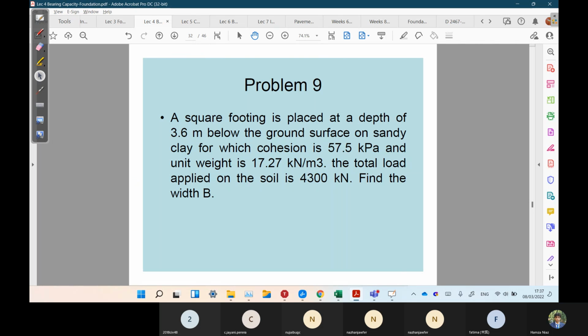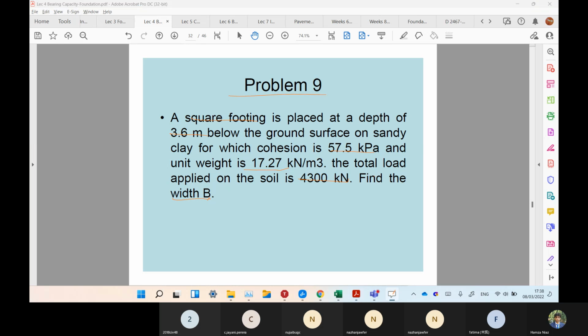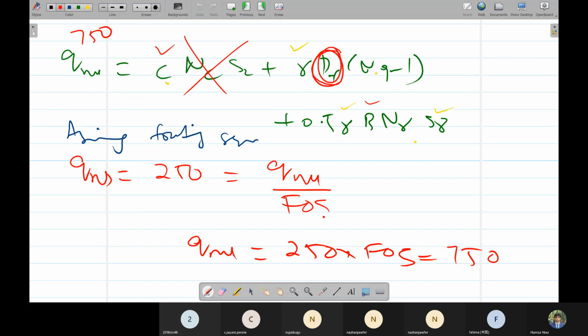Problem number 9. They're saying square footing, depth is given, cohesion is given, unit weight is given, total load is given, find the width B. So that's again the same as the first question. We have to find the dimensions, that's the same. Only I think the difference would be in this expression.